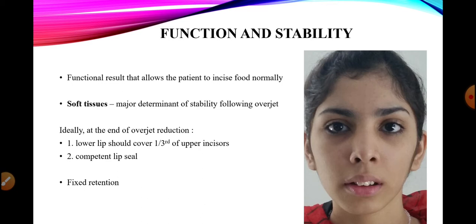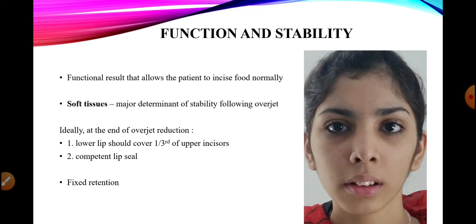So the upper incisors are under the influence of the lower lip, and then they do not procline. But usually in the case of class 2 division 1, the upper incisors are not under the influence of the lower lip because of lip incompetency and proclination of the upper incisors, so there is no external force maintaining their angulation.